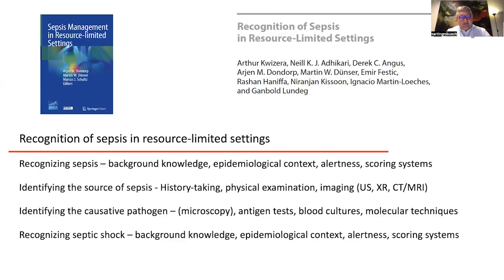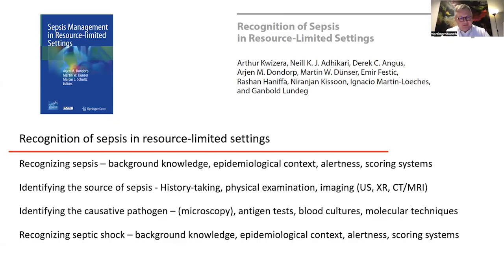And that leads us, of course, to the problem of identifying the source of sepsis. Again, meticulous history-taking, physical examination, and then imaging as far as available and as far as necessary in case there is an undetected source of a bacterial or other infection which leads to sepsis or a sepsis-like picture is really essential in making sure that we try the optimal in sepsis care.